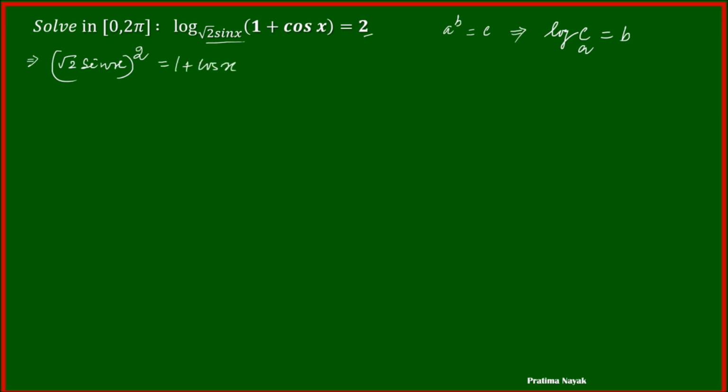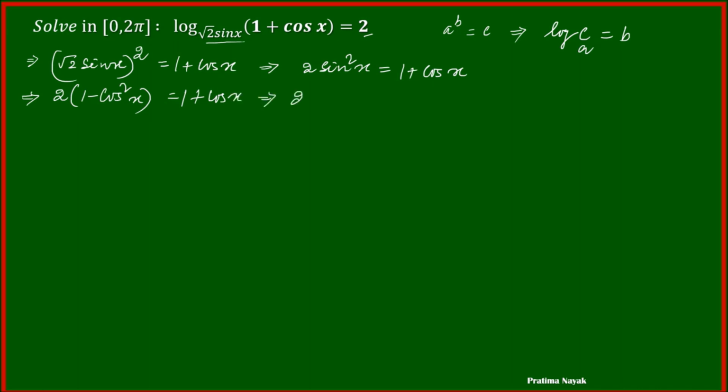Since I have to find the value of x, I am simplifying this. It will be sin x is equal to 1 plus cos x. The next line we will convert the sin x as cos x. So 1 minus cos square x is equal to 1 plus cos x.